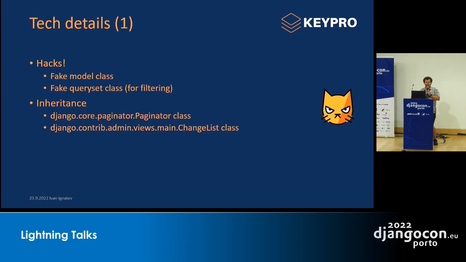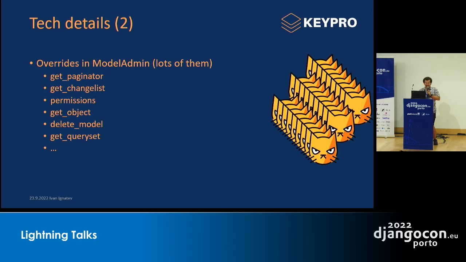And then you need to make some subclasses from paginator and change list to actually use your API client functions.